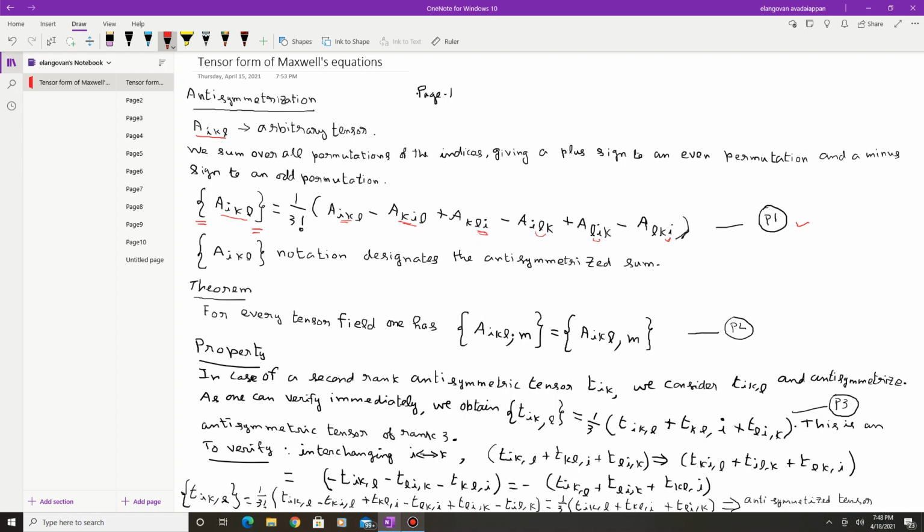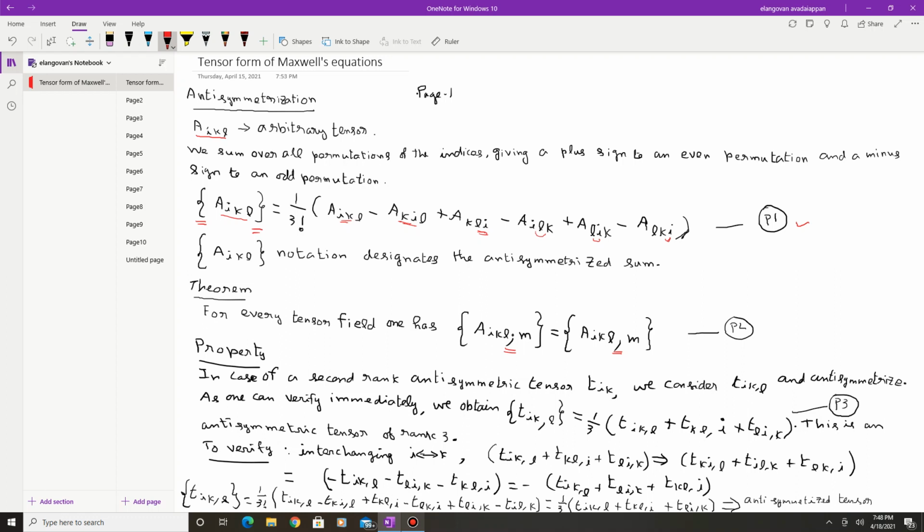You put this tensor within the curly bracket, and this is equal to A_ikl comma m. This is a normal derivative, while here it is covariant. So these are equal: A_ikl comma m within the curly bracket is the same as A_ikl semicolon m within the bracket.